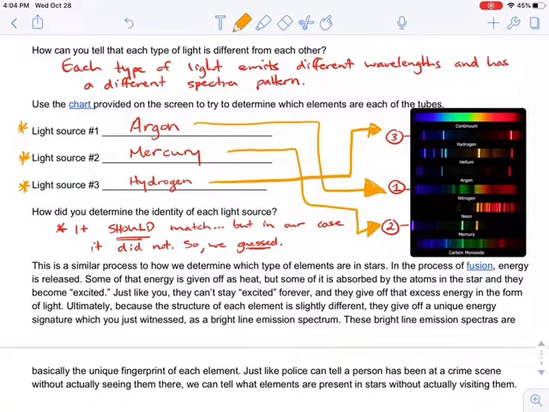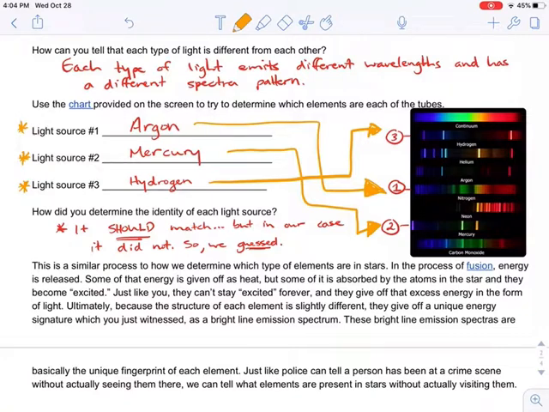We talked about thermonuclear fission and thermonuclear fusion last week, and in this process, energy is released. When that energy is released, some of that comes off as heat, but others of it is absorbed by the atoms in the stars and they become excited.